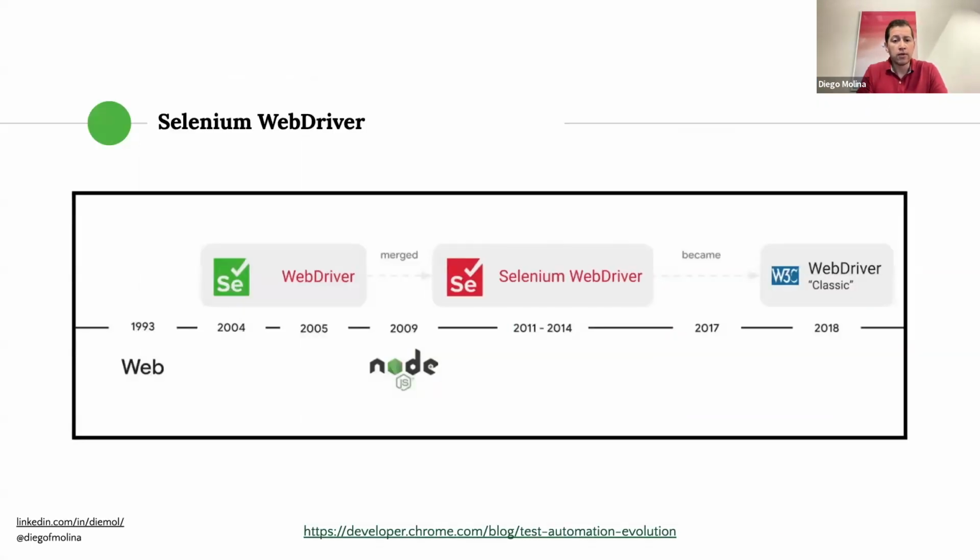Years ago, in 2004, Selenium was created. So today, in 2024, it's the 20th anniversary of Selenium. Jason Huggins, one of the co-founders at Sauce Labs, thought it was a good idea to have a tool to automate web applications. He created this, and rather soon they realized that this approach was not that good, because what Selenium was doing was injecting JavaScript into the browser to automate an application.